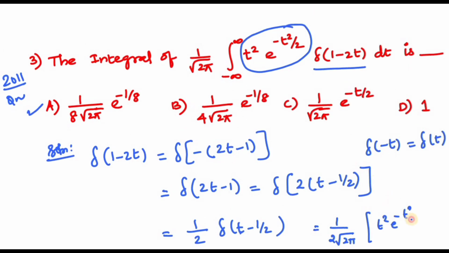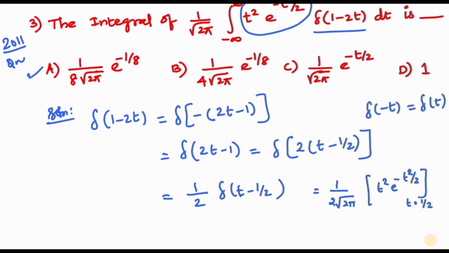So in this equation, you can say 1 divided by 2 into root of 2 pi, right? I need to substitute t square e power minus t square divided by 2, where t is equal to 1 by 2, right?